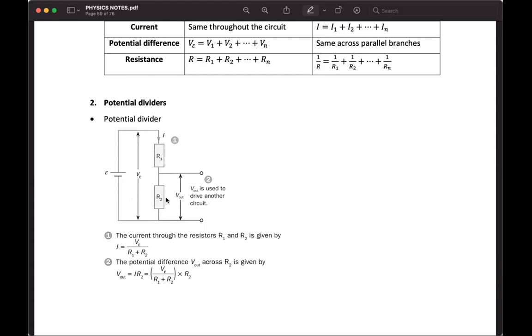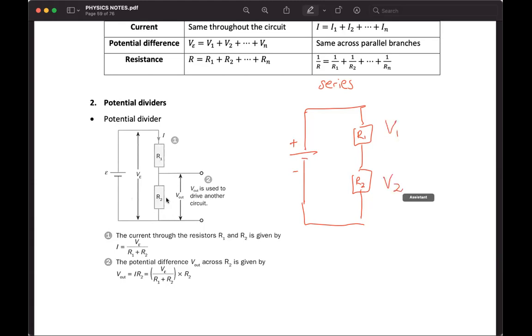Let me just draw the same circuit in a different manner. We are talking about the series. This is a series circuit. This is your battery source, and this is your resistance 1 and resistance 2. Correct? If I say this is V1 and this is V2, and this is the EMF, can I say that the EMF is the same as V1 plus V2?